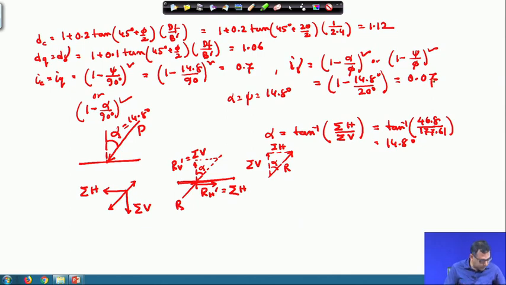Okay. So, now I am putting all these values here in Q net ultimate.